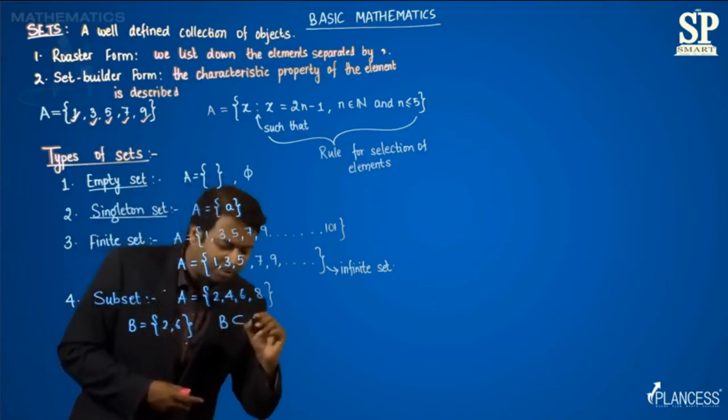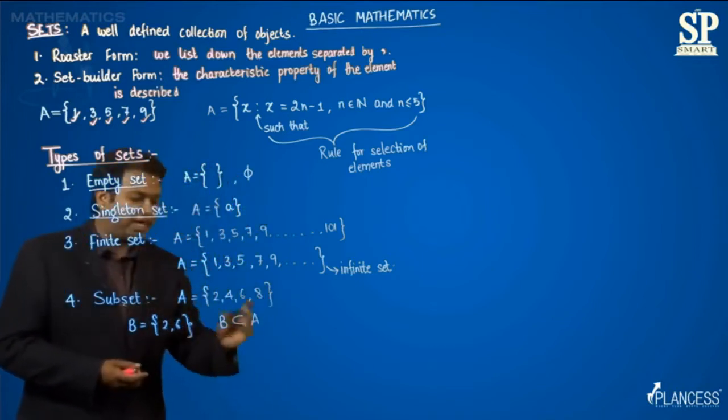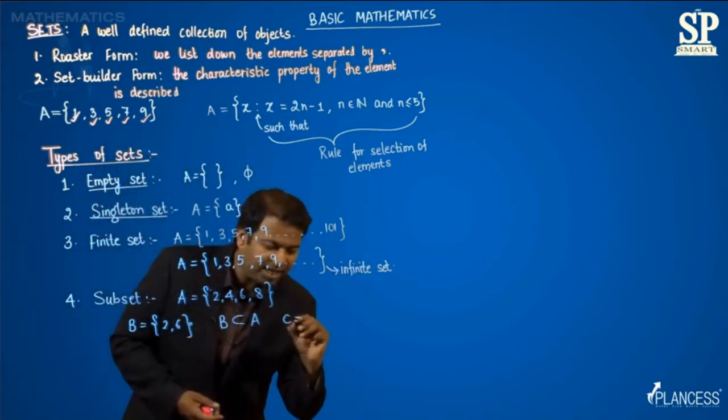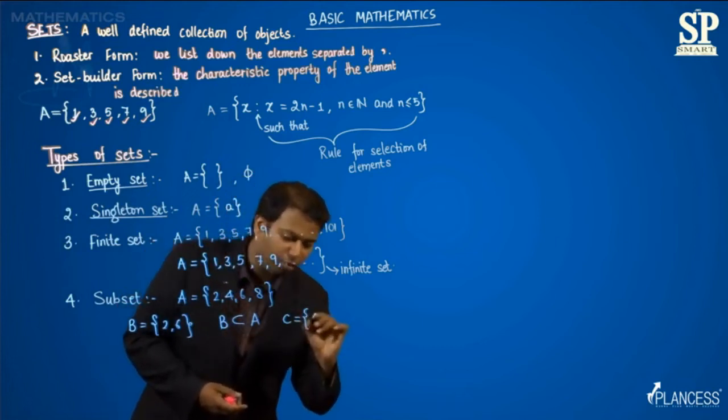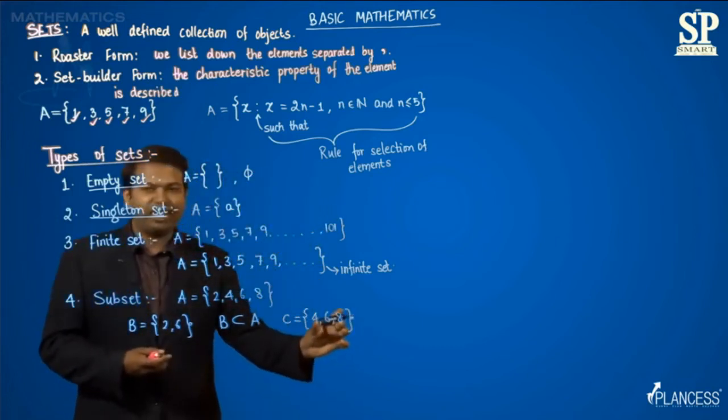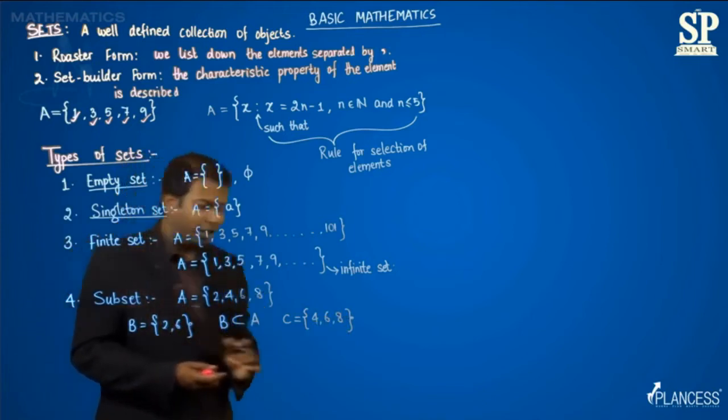This is the sign for a subset, and then we write the bigger set A. So if there is another set given to us, let us say C, in the form of {4, 6, 8}, again all these three elements are present in the set A as well.